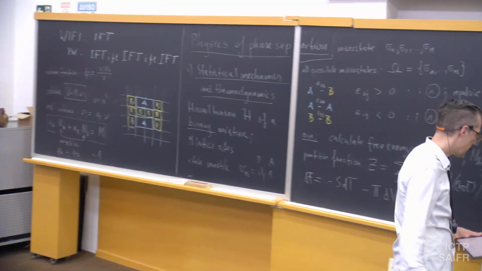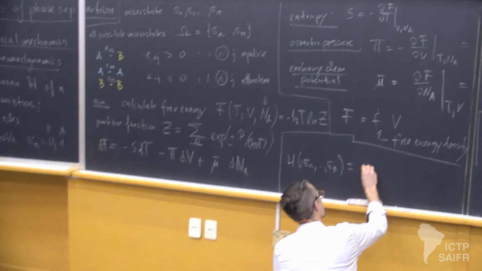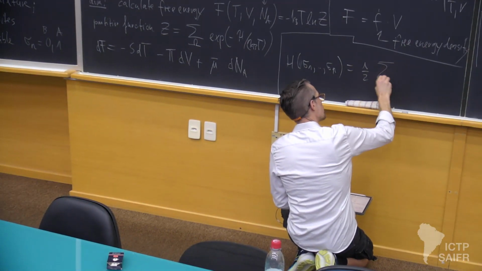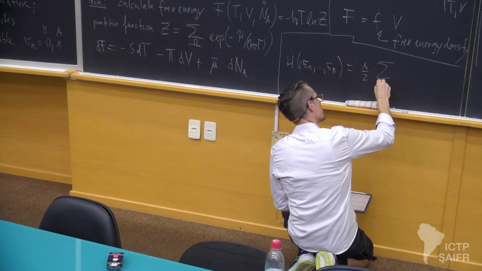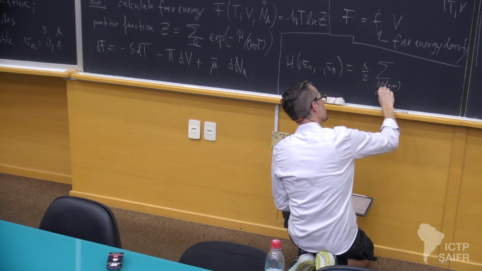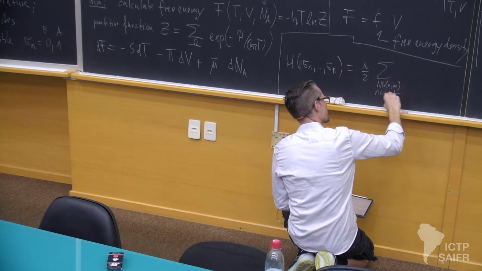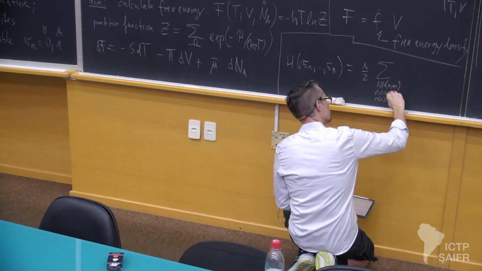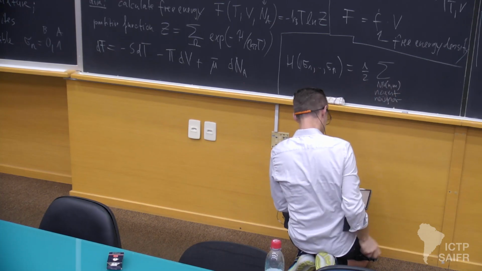So I will use, as in the Ising model, nearest neighbor interactions, which I write here as NN.